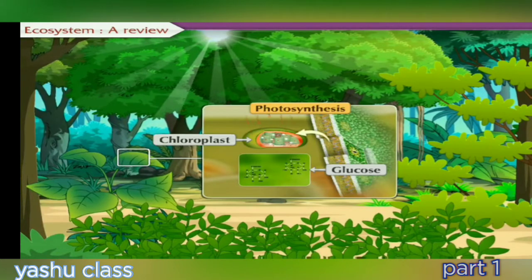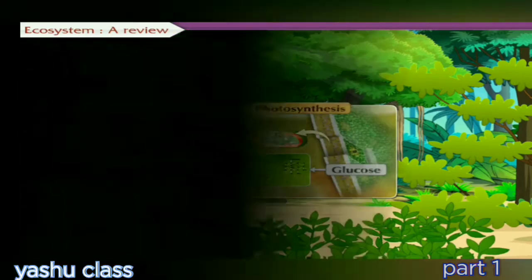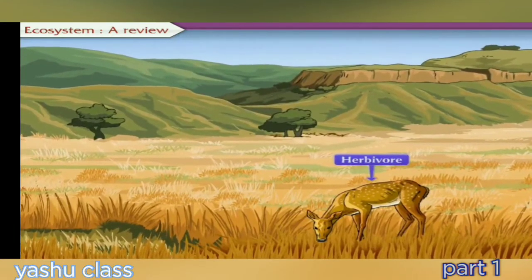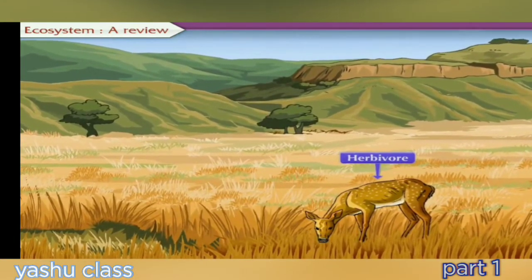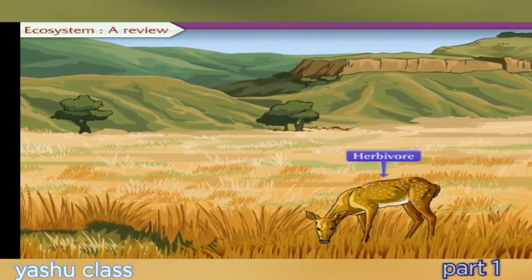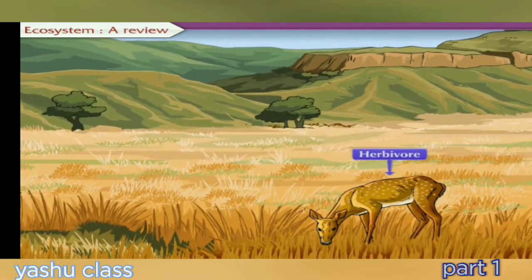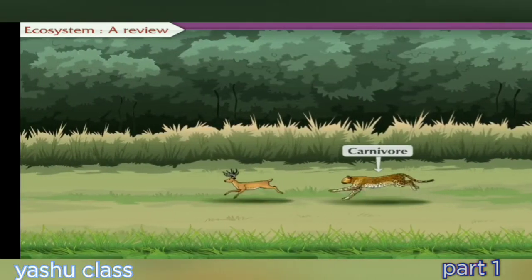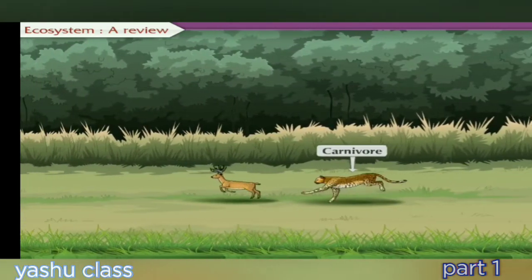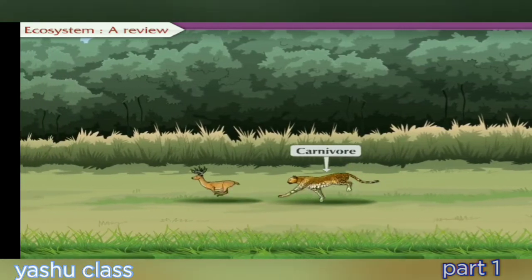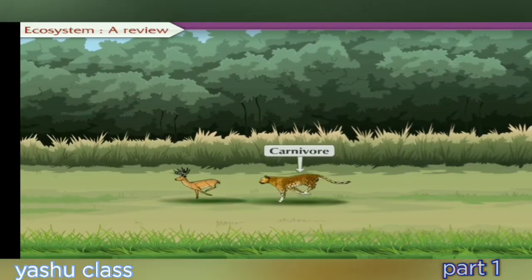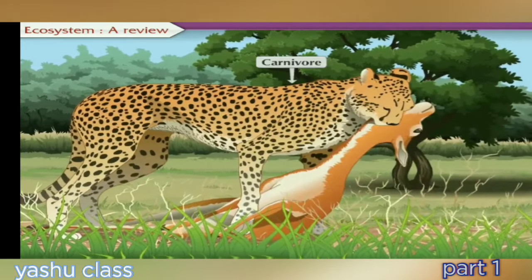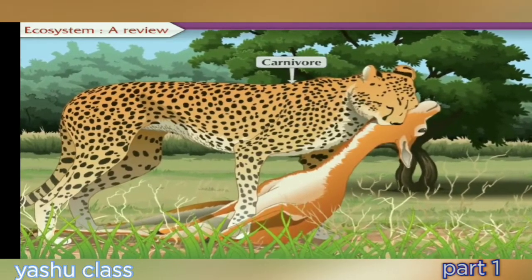Therefore, they are most crucial for the smooth functioning of an ecosystem. Herbivores like deer, goat, sheep, cow, buffalo, horse and camel, which feed on the producers, are also important. The duty to check that the number of herbivores is not increasing in surplus is managed by the carnivores, and thus they are also equally important to Mother Nature.